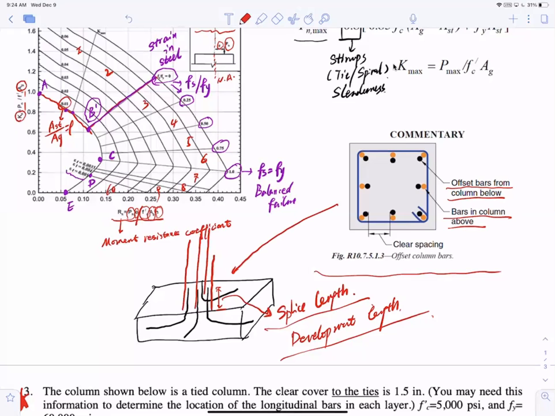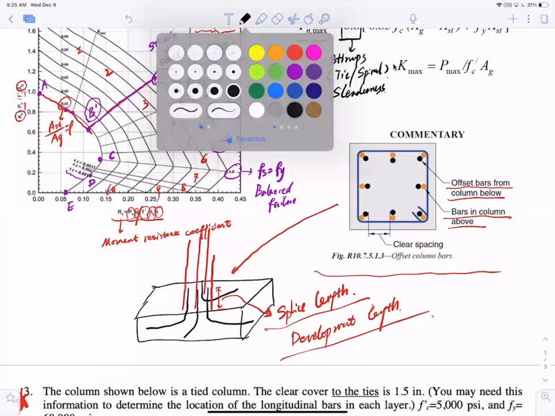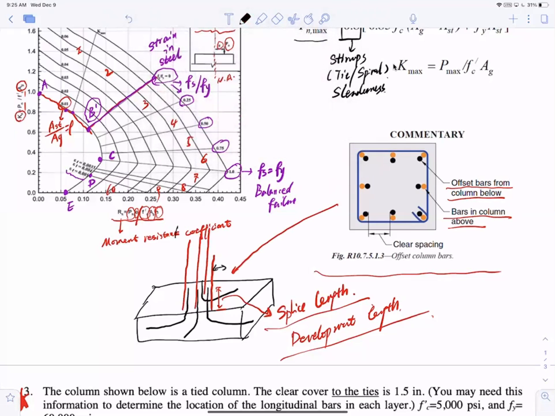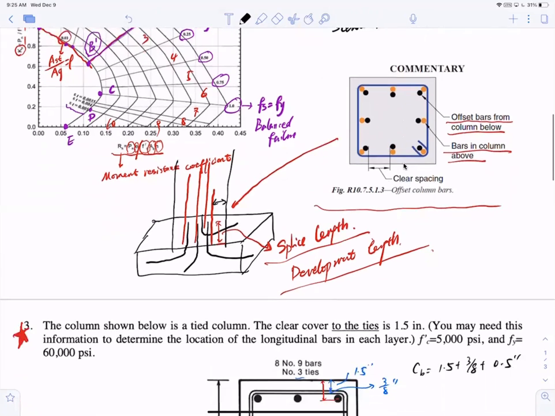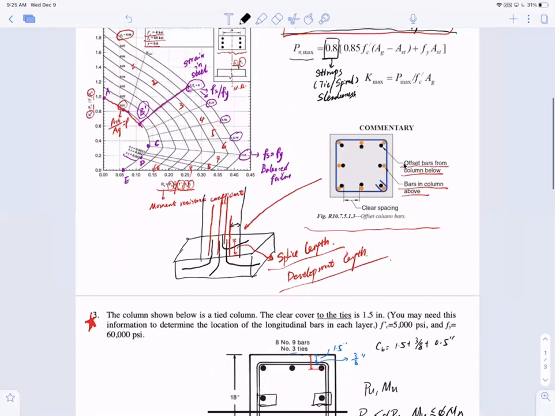The main reason is that it provides enough concrete cover for my column bars. So these are some details that I want you to know.